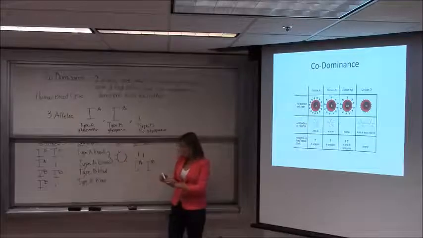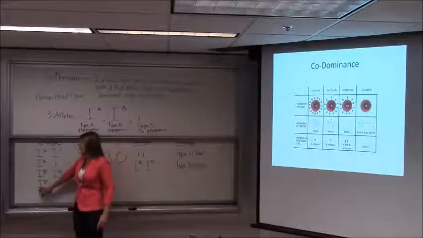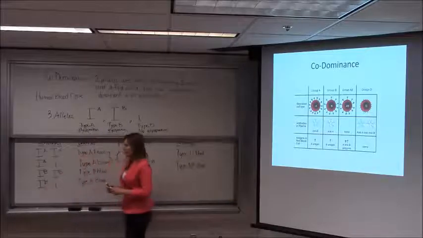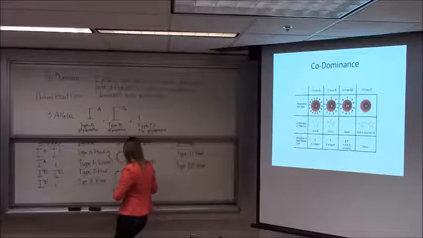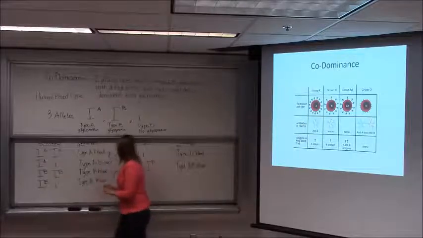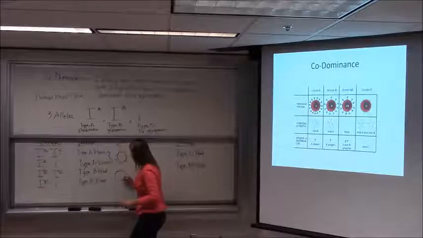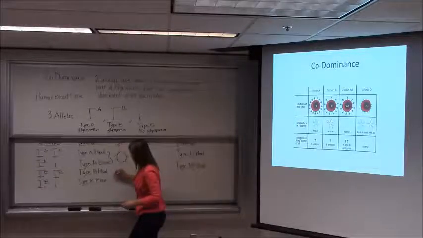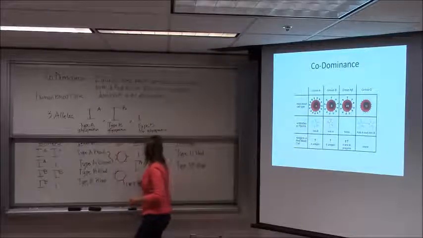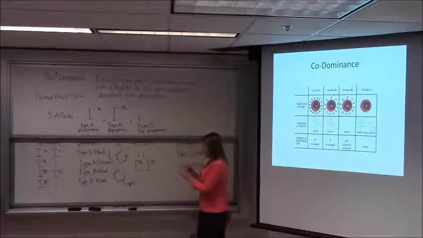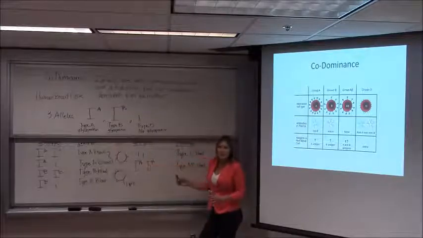Type B, you're going to make a marker also. Even if you just got one of that recipe, you've got the recipe for making that marker, and it's going to be on your cell surface. Let's make those little purple loops. Again, imaginary. So this would be your type B. If you're type O, it means you don't have a recipe for making A markers or B markers.